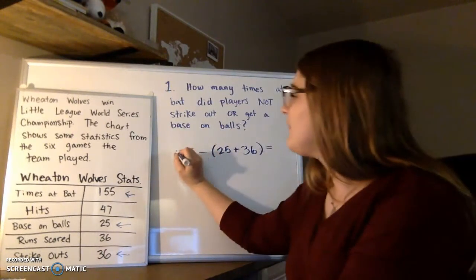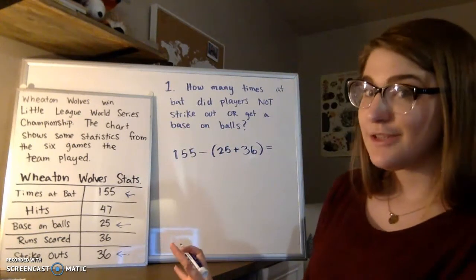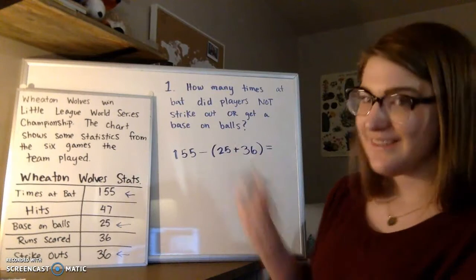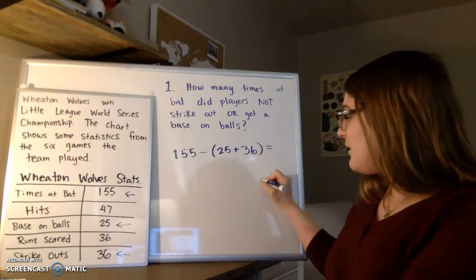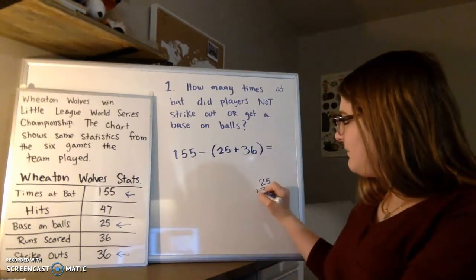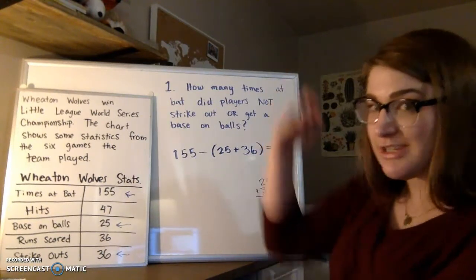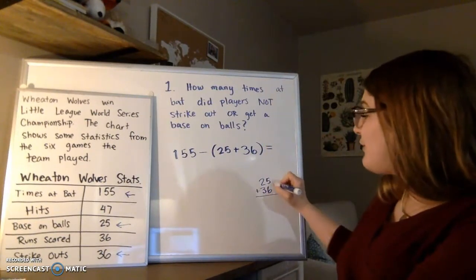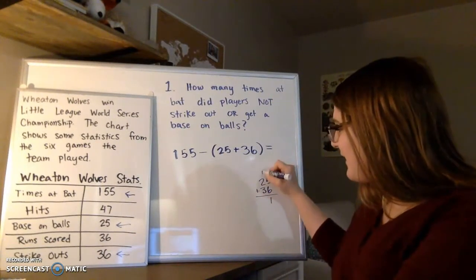So from my equation that we made here, what do we need to do first? The stuff that's in the parentheses, because we always do parentheses first. So I'm going to, over to the side, stack these on top of each other, because it's easier to add and subtract if they're stacked. So 5 plus 6 is 11.